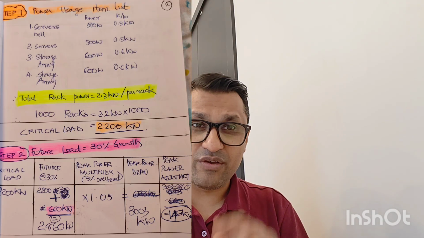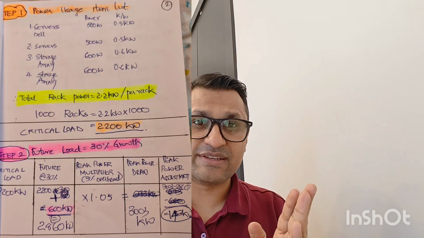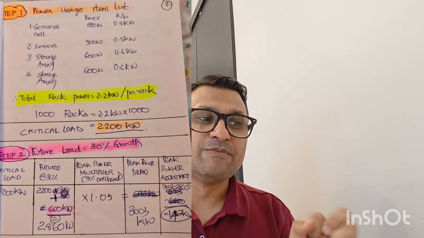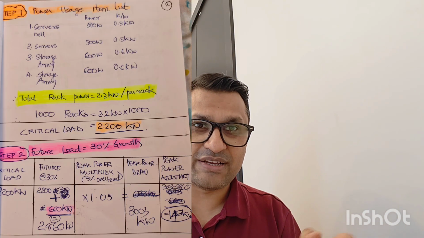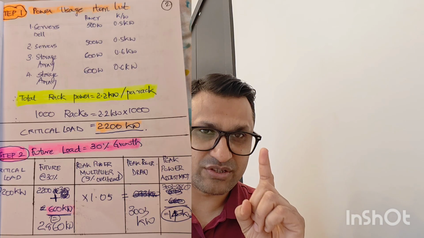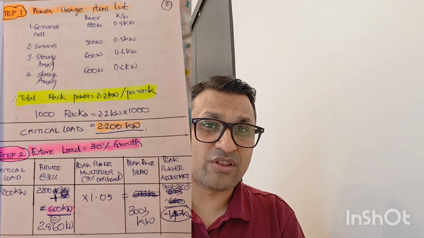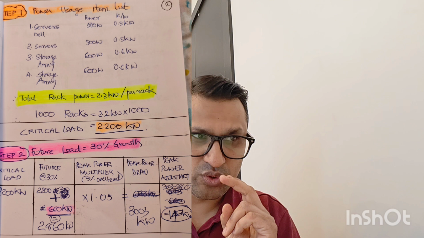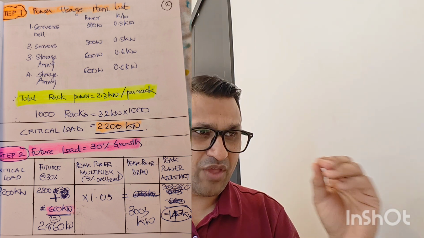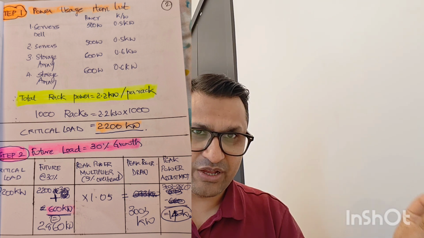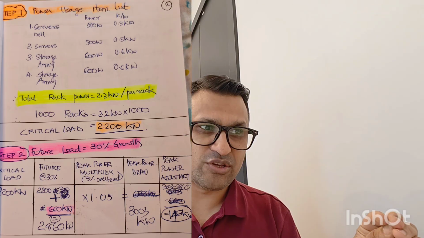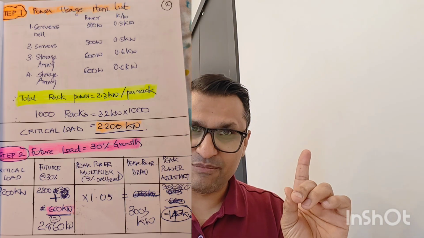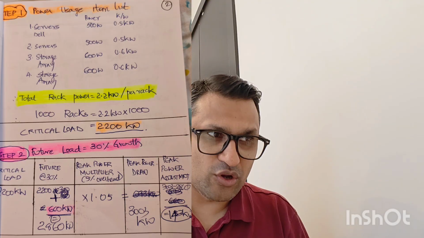So if you're considering 1,000 racks for this large scale data center, 100,000 square feet, let's consider the power calculations for one rack first. In one rack, if you're putting in two Dell servers and two storage arrays, having a power rating of 0.5 kilowatt and 0.6 kilowatt, so for one rack, this is for design purposes, it is 2.2 kilowatt per rack.